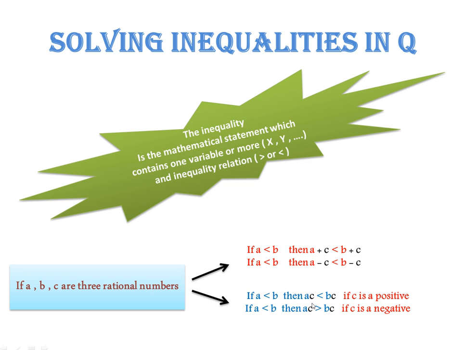But if a is less than b and we multiply both terms by a negative number, the inequality changes: a times c will be more than b times c if c is a negative rational number.